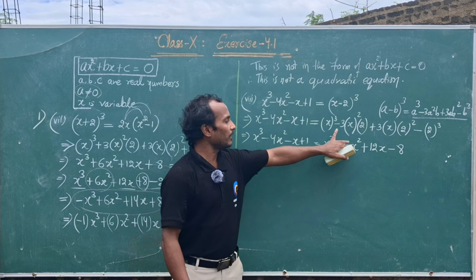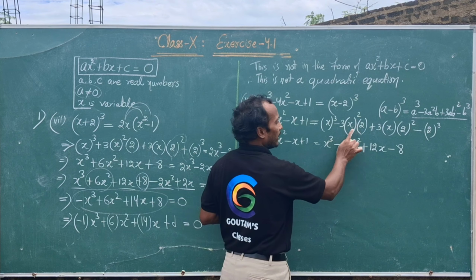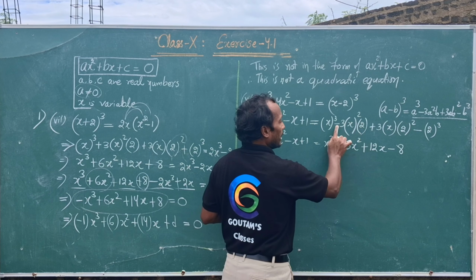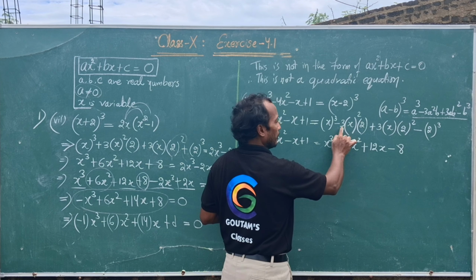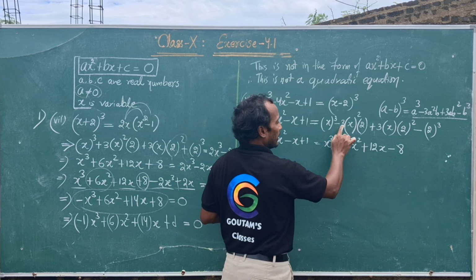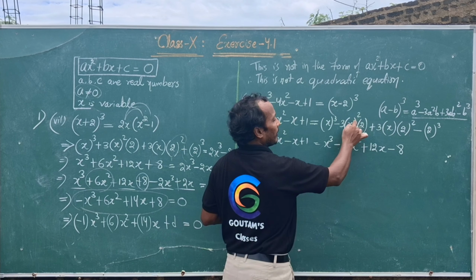While multiplying, make sure that you multiply the symbols first. For example, I am multiplying here 3x square and 2. Minus into plus is minus. Then multiply the coefficients or the numbers, the numerical parts. 3 and 2 gives you 6. Then variables, square of x is x square.